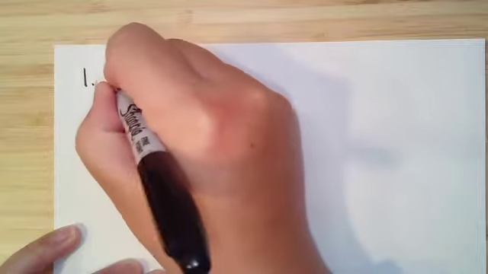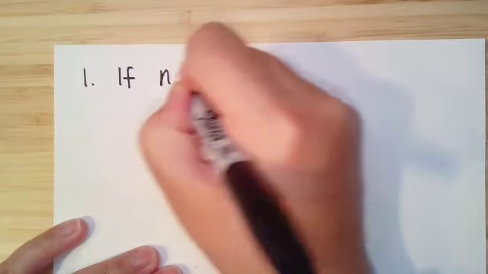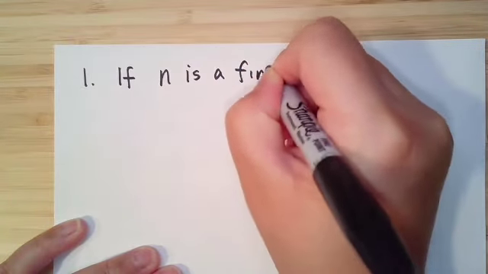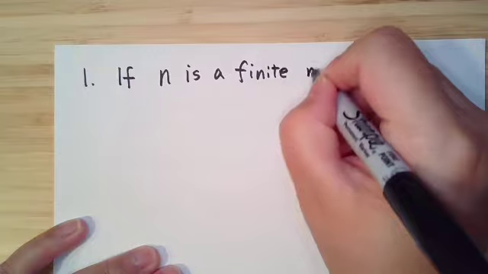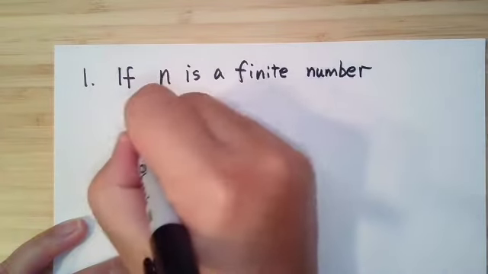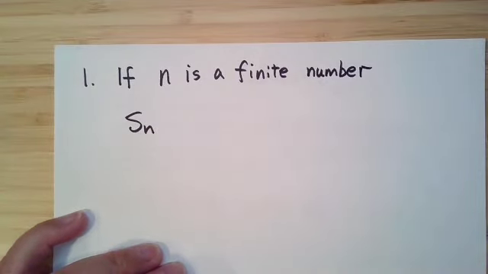Okay, now for summation, we have to think about two things. The first one: if n is a finite number, then Sn is A1 plus A2 and then all the way to An.